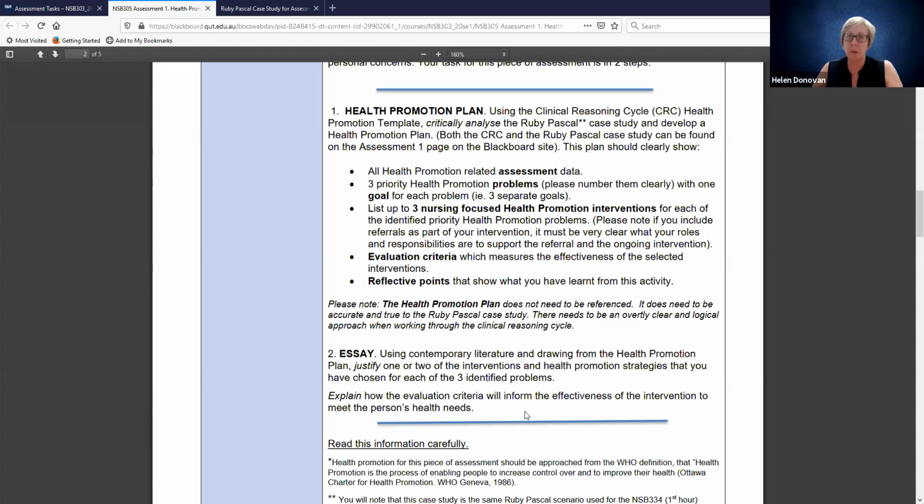You have 3 problems and you need to justify 1 or 2 of the interventions and health promotion strategies you've chosen for each of the 3. And they must be the ones that come from the plan, and it must be very clear where they've come from, and you need to be able to argue why these interventions are the best possible interventions and strategies for these problems.